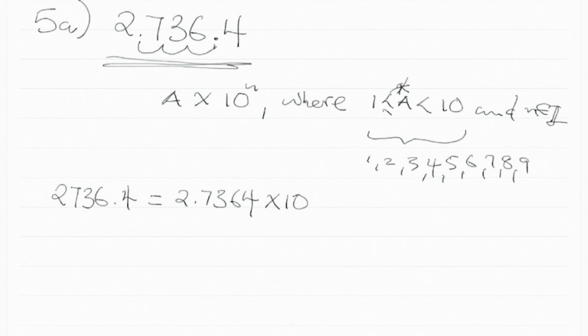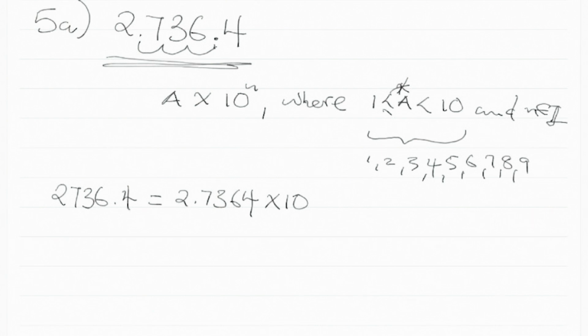The value of n is determined by how many times you move to the left or to the right. When the decimal point moves from the left going to the right, its symbol is positive. And when it moves from the right going to the left, it takes a negative symbol.